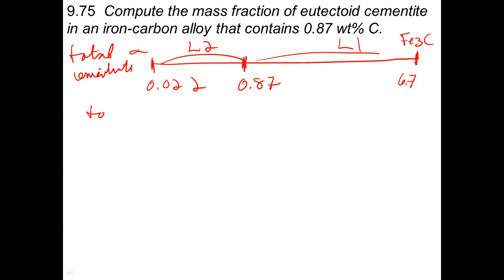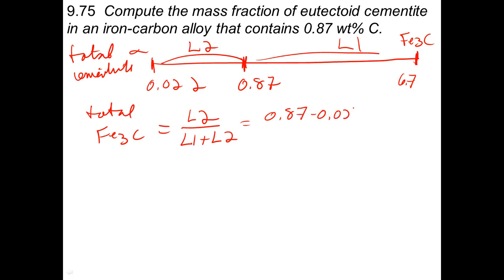I can get the total cementite then as L2 divided by L1 plus L2. So the total cementite that's present is 0.127, and that gives us the total cementite.